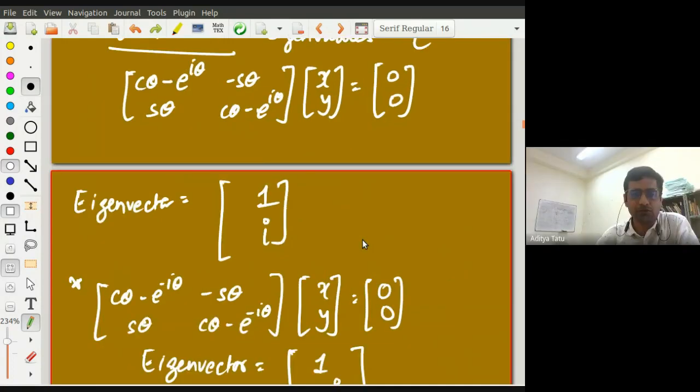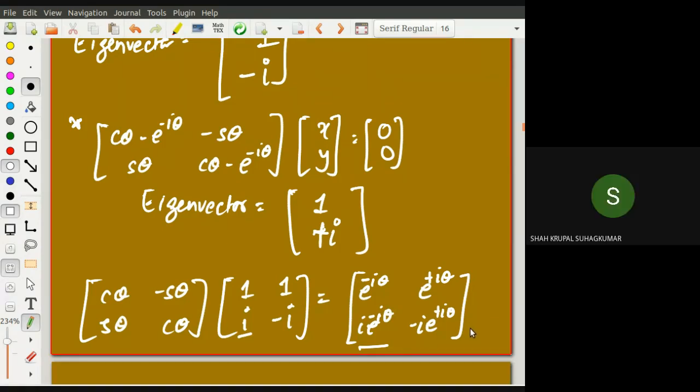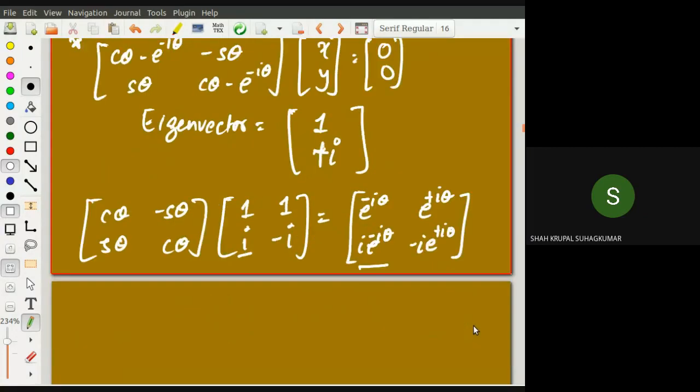Okay. As I said, I assumed you guys did these computations right. I haven't done them myself. So then it should be this, this, this, and this. Now is it right? Yes. Okay.